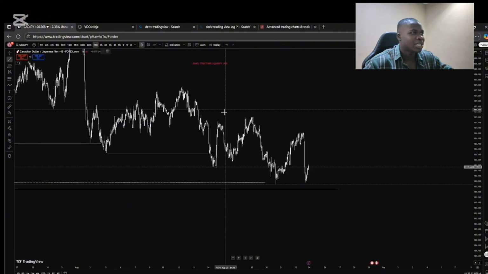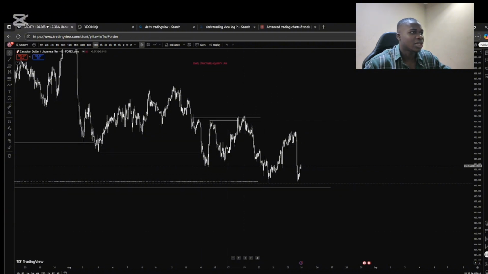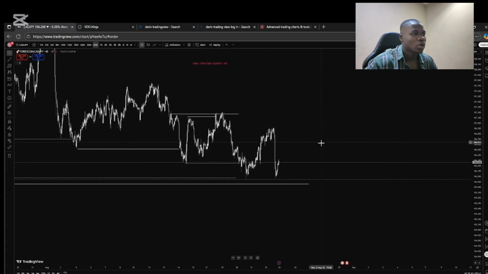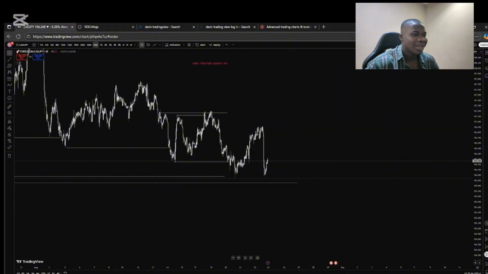And we can see price taking this as an engineered liquidity, reacting from this key level right here. Then we can see price breaking another structure internally right here. So now, after price broke that structure, price gave us another structure right here.